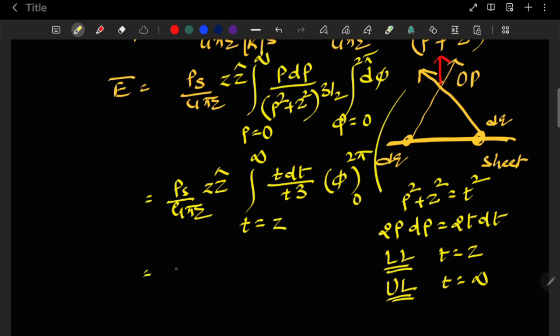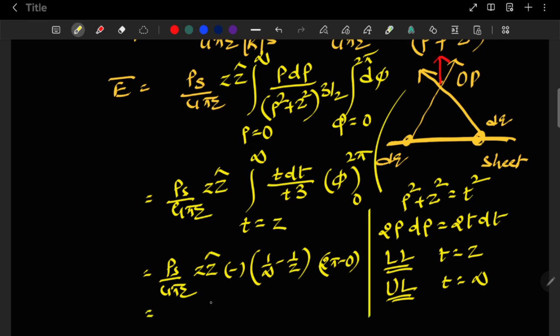Then it is equal to rho s by 4 pi epsilon z into z cap. Here 1 by t square is there, so integration will be minus 1 by t, and limits also have to be substituted. 1 by infinity is the upper limit substitution, 1 by z is the lower limit substitution. For phi, with limits 0 and 2 pi, you will get 2 pi minus 0.